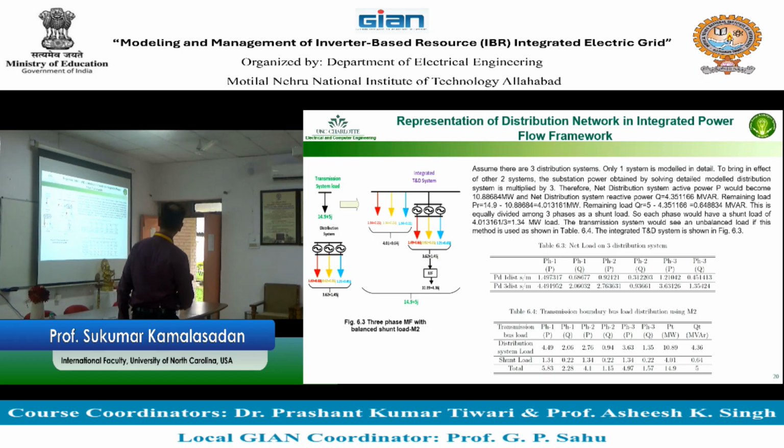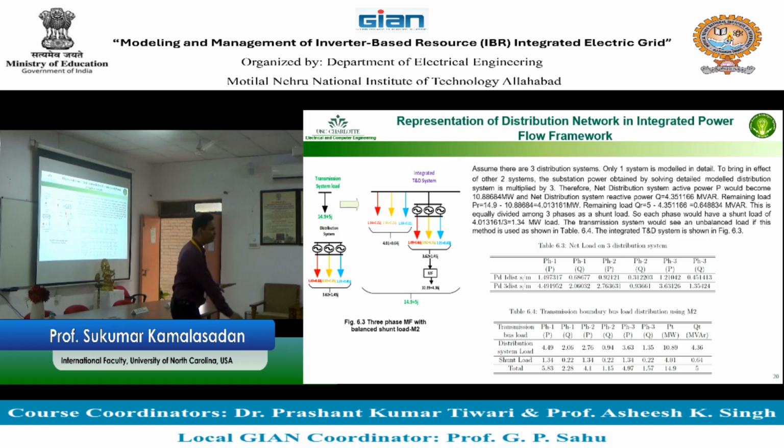What you are putting there is actually a constant load, and that constant load keeps all the unbalances, and all the unbalances add up to 14.9 plus 5. So the transmission system will see that same load and then it can run the transmission system.